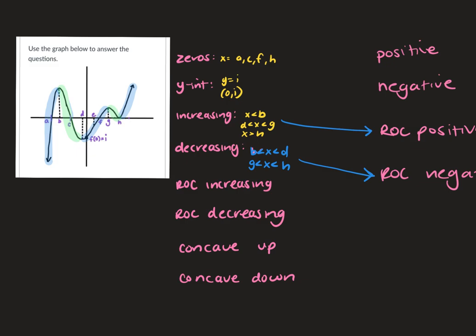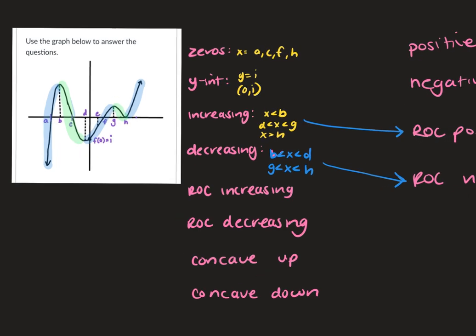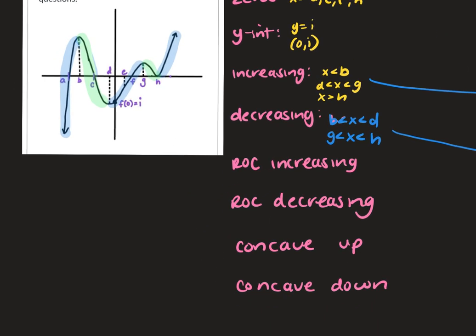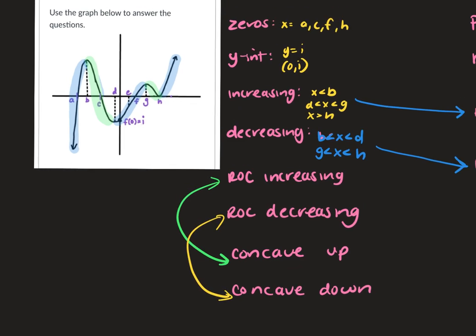Then rate of change increasing means that it is concave up, and rate of change decreasing means that it's concave down. Those mean the same, these mean the same. So rate of change increasing, we're looking for our U's and our N's. Increasing, we're looking for the U, which happened there, and it happens like on this side of this curve.